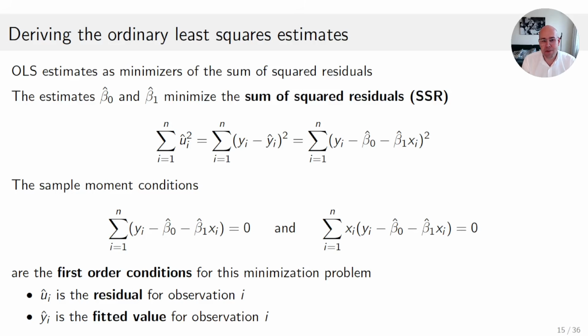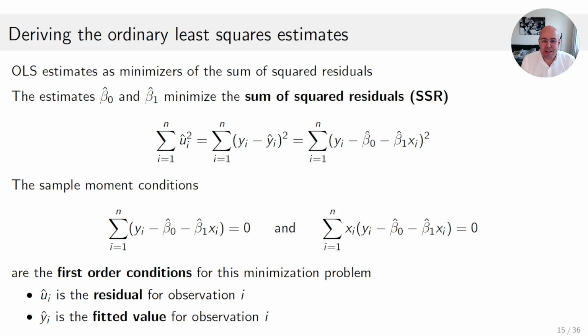This estimator is called the ordinary least squares estimator, because we get to the exact same result, which again is that our estimate of the slope coefficient is the sample covariance between x and y divided by the sample variance of x, and our estimate of the intercept is the average y minus the average x times our estimate of the slope.